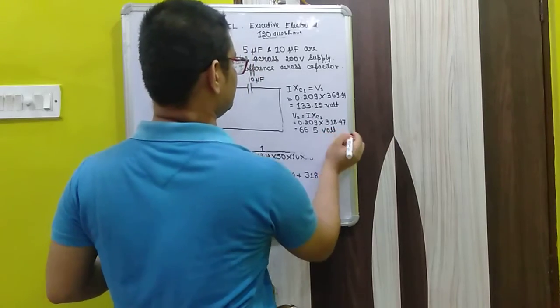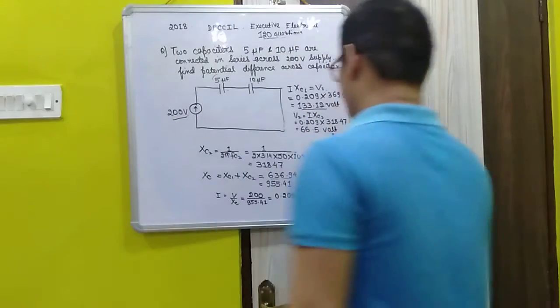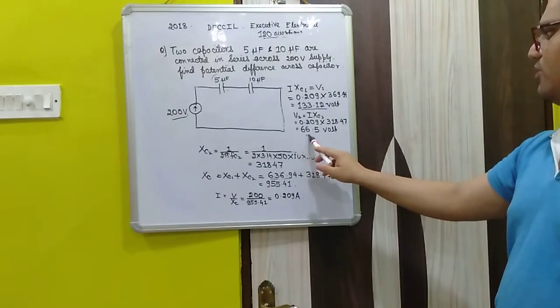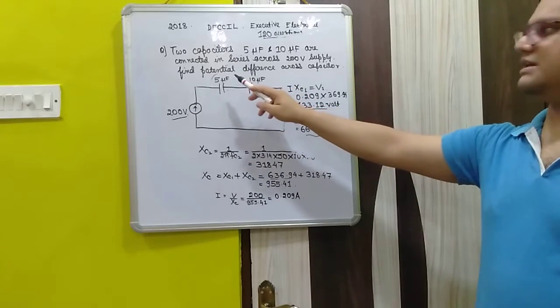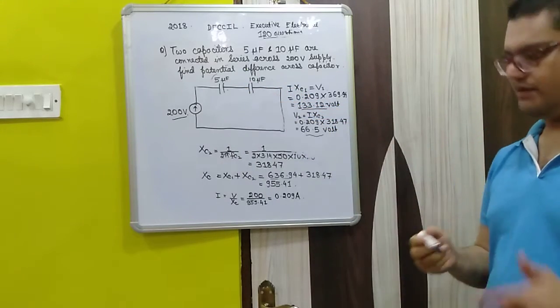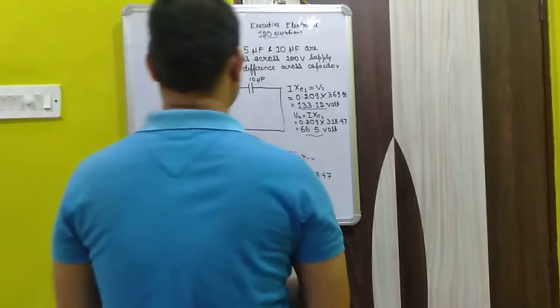So these are the two potential differences we have calculated, V1 and V2. V1 is 133.12 and V2 is 66.5 volt. I hope it is now clear how we have calculated the potential difference across these two capacitors. Now we go to the next numericals which came in the examination.